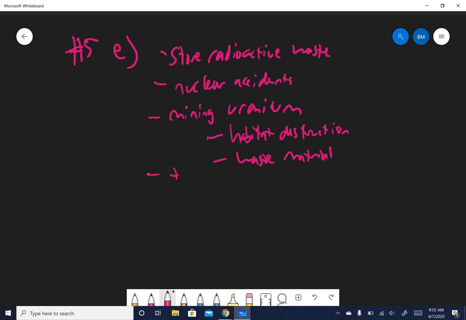Thermal pollution can happen because these nuclear power plants get so hot. So those are the big ones right there. At least 2 of those for negative environmental impacts of nuclear power. And I believe that is it.